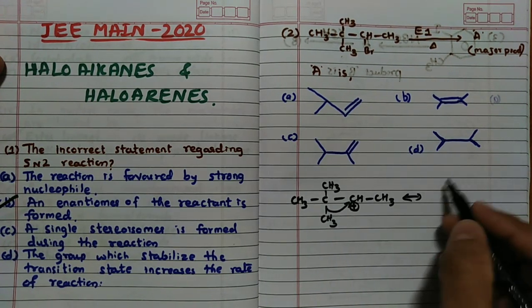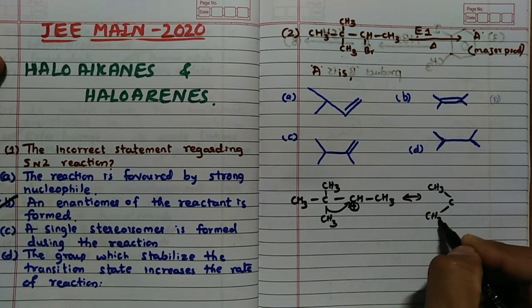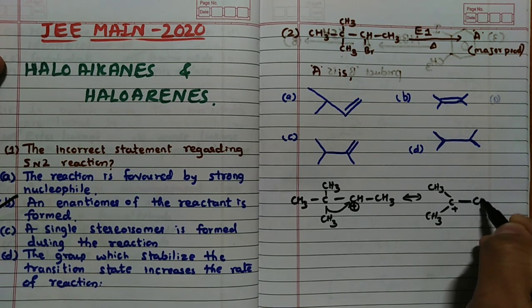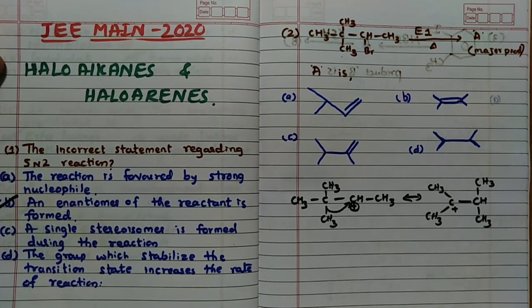So hence I can write this as CH3, C, CH3, which now has the positive charge, then CH, CH3 and CH3, right? So this is what we call the 1,2-methyl shift. Then the carbocation is formed here.